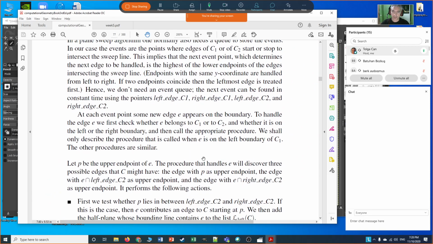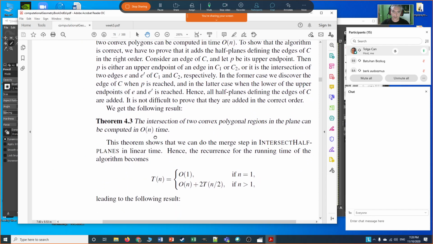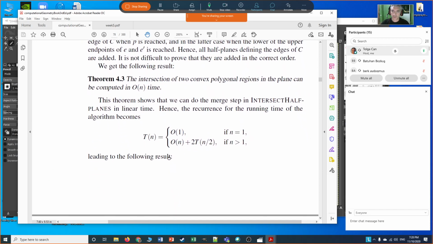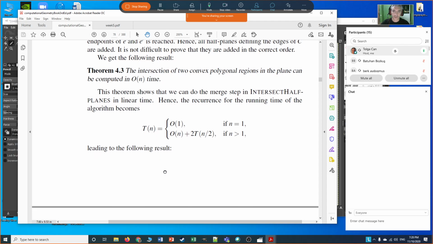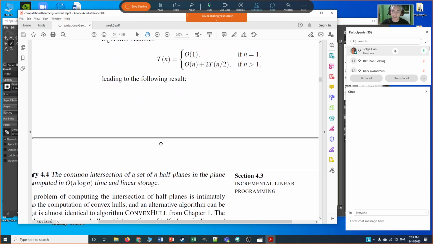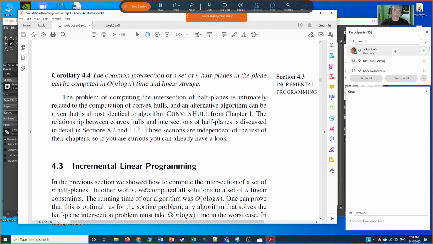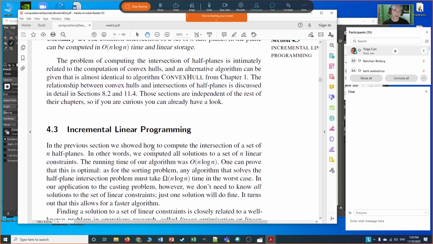So I'm skipping this part. Here is the recurrence relation. The intersection of convex polygonal regions in the plane can be computed in linear time. I'm skipping this part.